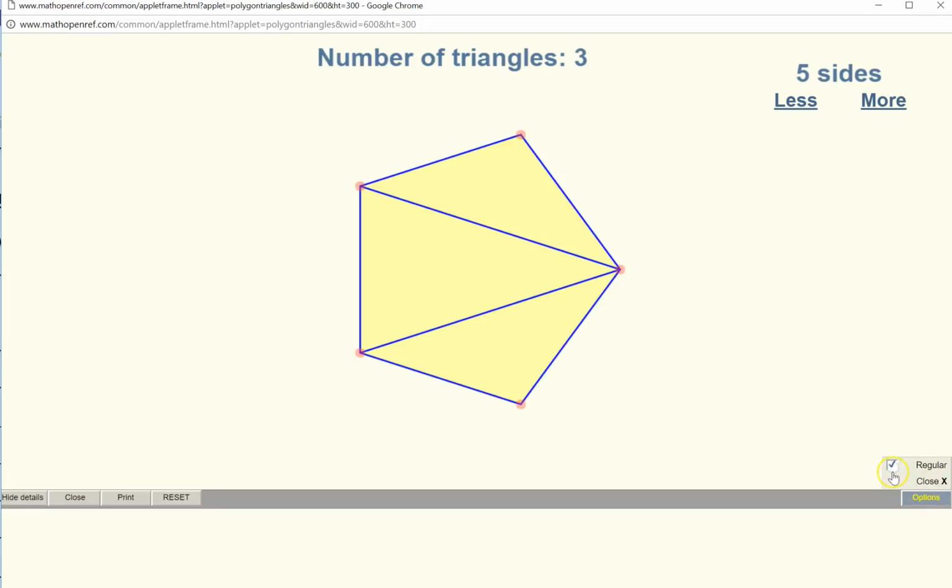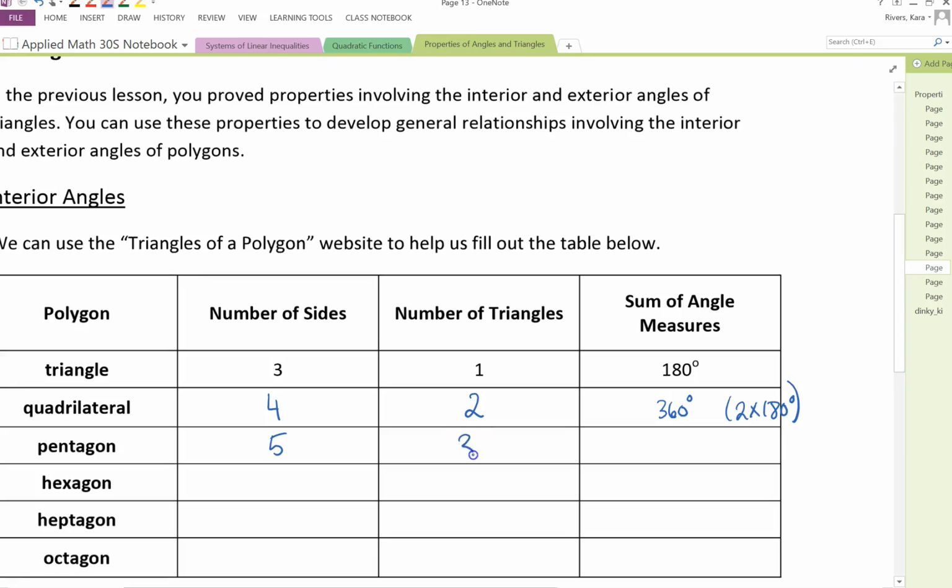Here, let's make it a regular one. You still have 3 triangles inside. So what does that mean for the sum of the angle measures? Well, that would just be 3 times 180 degrees for the same reason. Well, 3 times 180 degrees is 540 degrees.